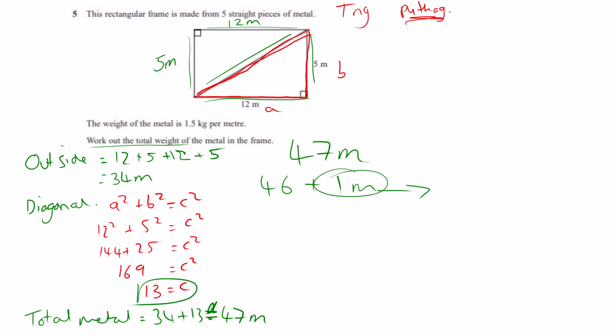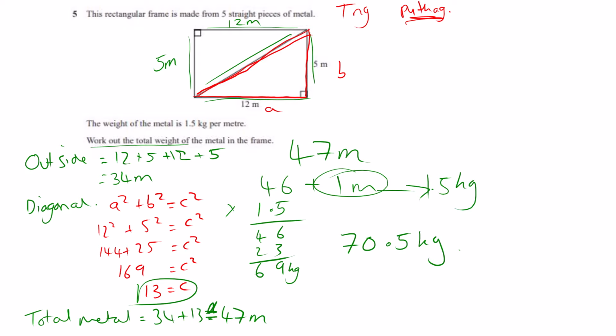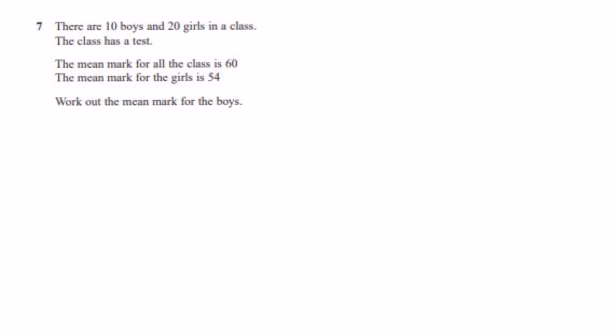For now, the 46 meters is 46 times 1.5, which should give us 46 and 23, which is 69 kilograms, plus the extra 1.5 kilograms from this extra meter should give us 70.5 kilograms. So the total weight of this rectangular frame is 70.5 kilograms.